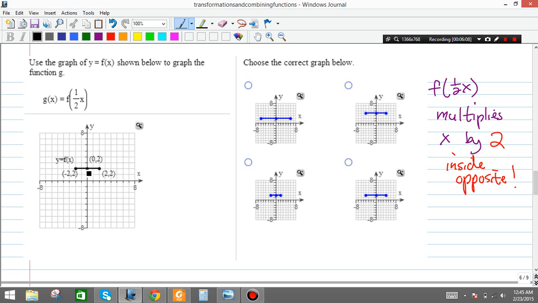So then I need to stretch this from 2 to 4, and stretch this from -2 to -4. Only one that does that. This one. So multiplying by 1/2 on the inside doubles all the x values.